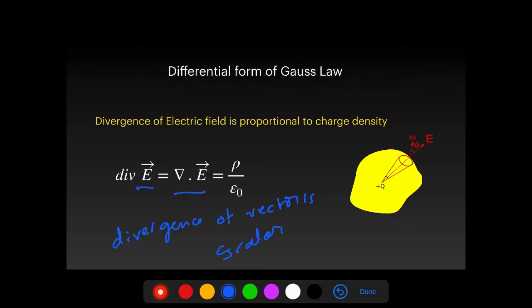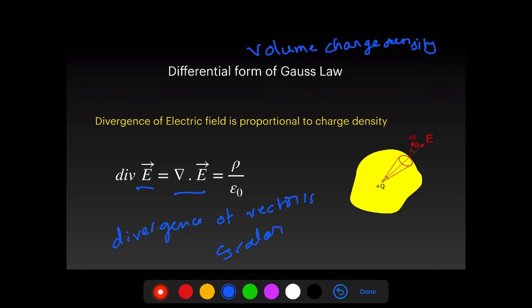Divergence of E bar is equal to rho by epsilon naught. Rho is the volume charge density. We will discuss more about this volume charge density later. Epsilon naught is the permittivity of free space.